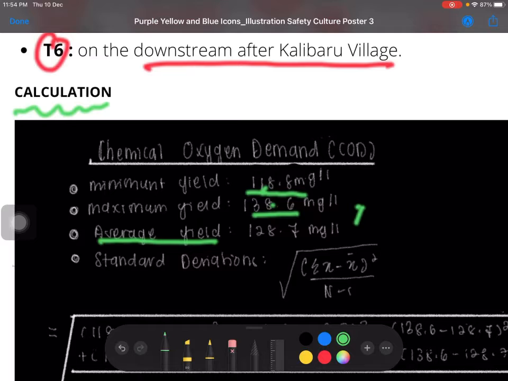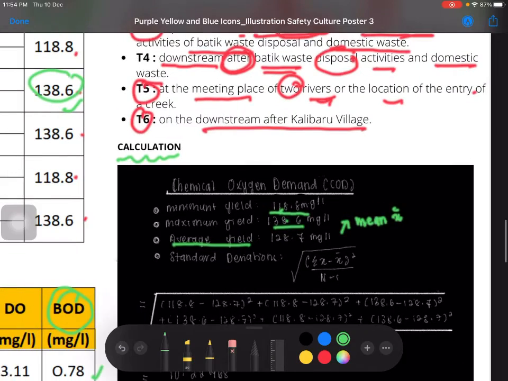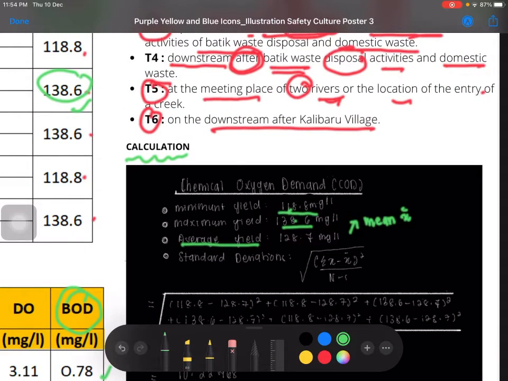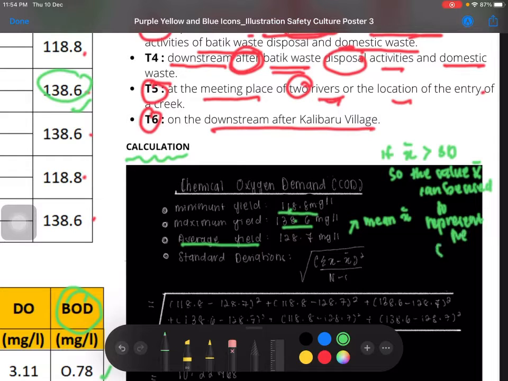Okay, so we can also get the average yield. Average yield is actually the mean of the data. What is actually so important about the mean is that it is used to represent the set of data. If x bar is greater than the standard deviation, then the value of the mean can be used to represent the set of data.